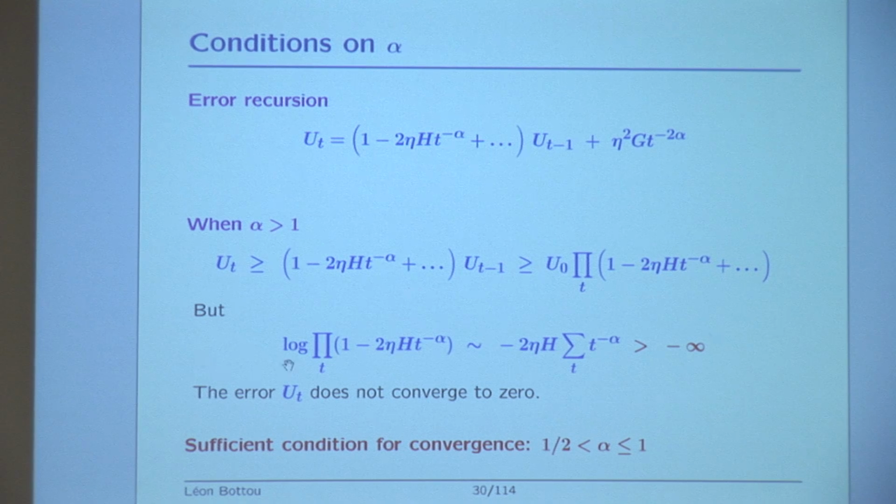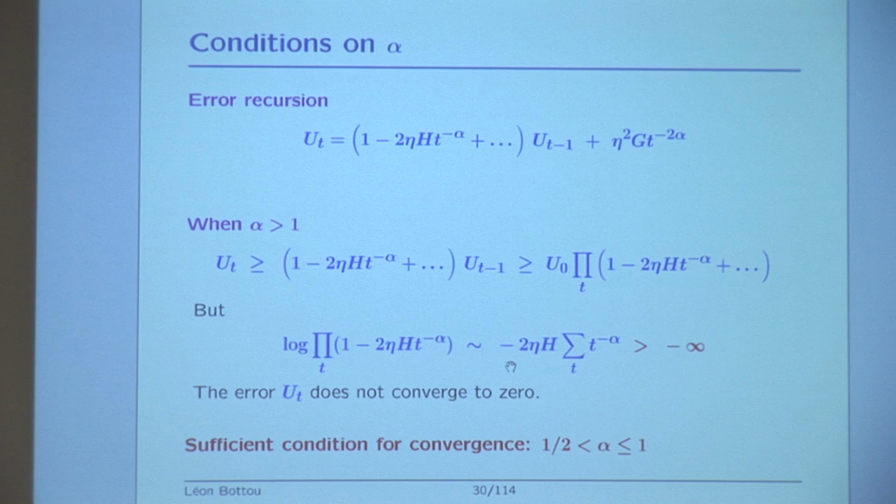But this time, the log of this product is equal to the sum of the logs, which is going to be equivalent to minus 2 eta h sum of t^(-alpha). And if alpha is greater than 1, this converges somewhere.